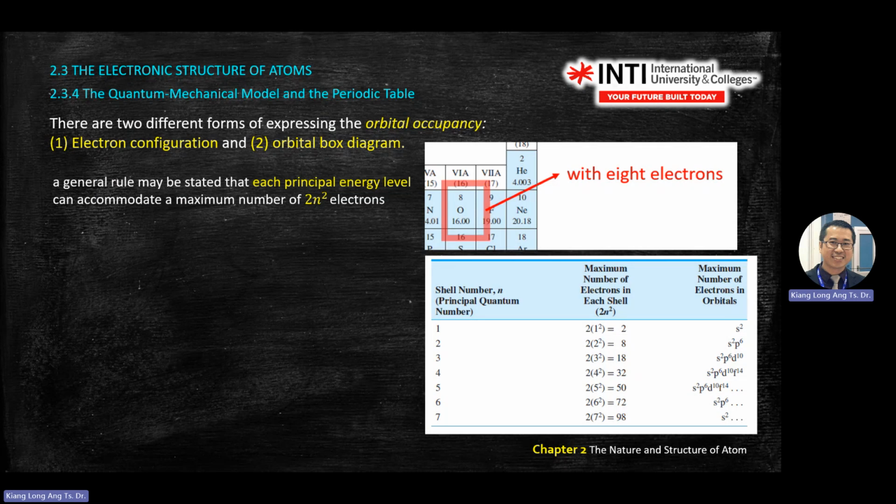For the first orbit the maximum is 2, because 2n square is the maximum of a particular shell. First orbit will be 2, second orbit will be 8. You need to park the electrons first from the lowest.